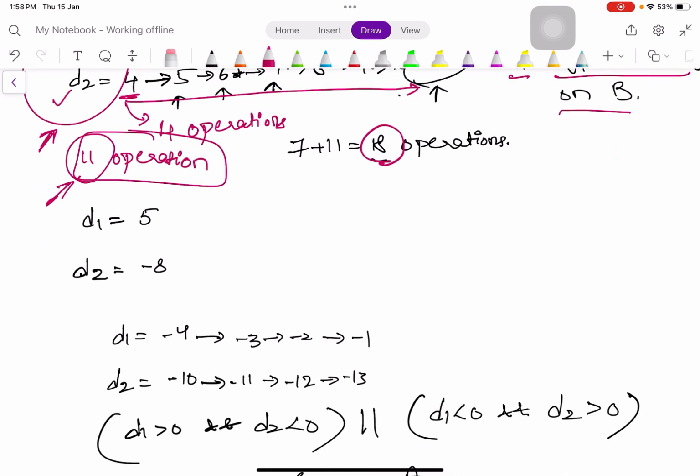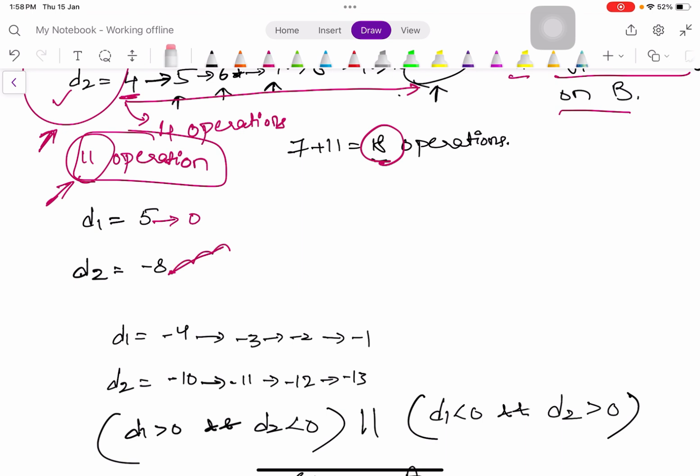Let's look at this D1 and D2. D1 is 5, D2 is -8. If it is like this, then here also if you see, this is positive and this is negative. Positive value, when it moves to 0, it has to keep reducing. -8, if it has to become equal to 0, it has to increase.